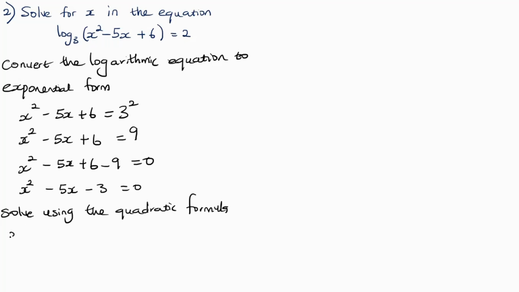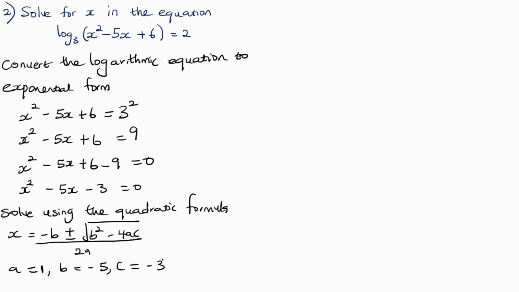The quadratic formula is x is equal to minus b plus or minus the root of b squared minus 4ac, all over 2a, where a is equal to 1, b is equal to minus 5, and c is equal to minus 3.